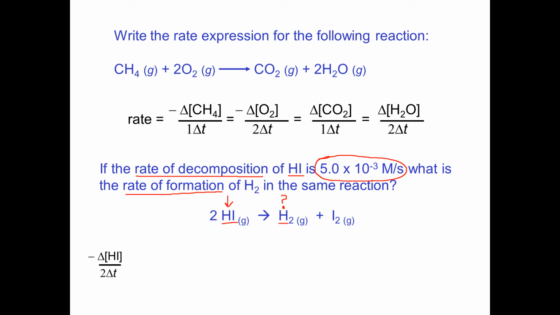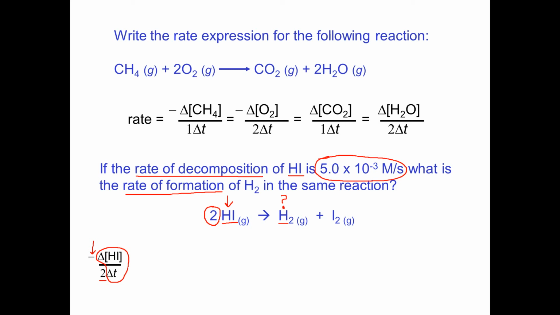If we were to write the rate expression for HI, we would want the change in concentration of HI over the change in time. We're going to divide by 2, because 2 is the coefficient for HI. And we put the negative sign out front, because HI is a reactant.